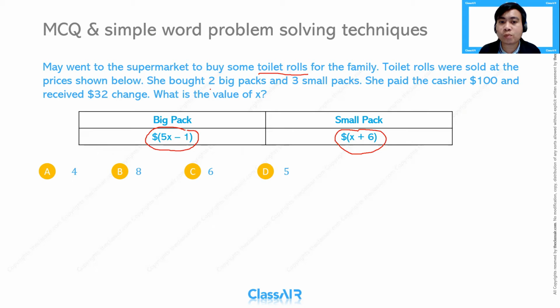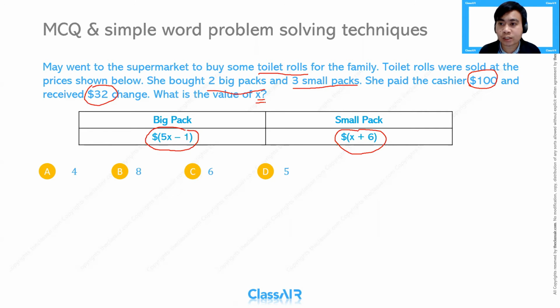She bought 2 big packs and 3 small packs. She paid the cashier $100 and received $32 change. What is the value of x?